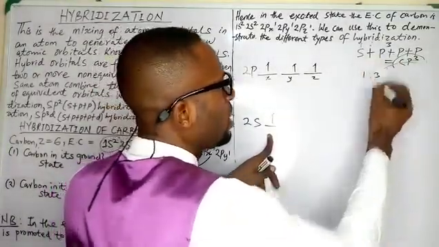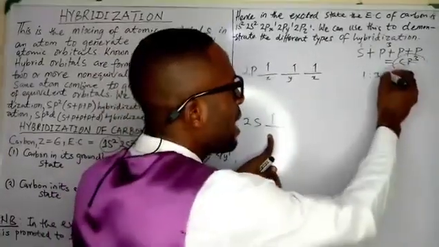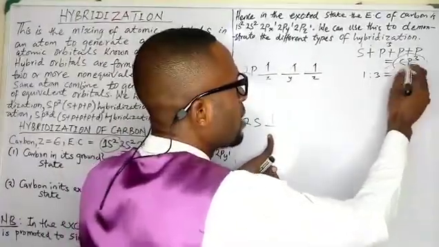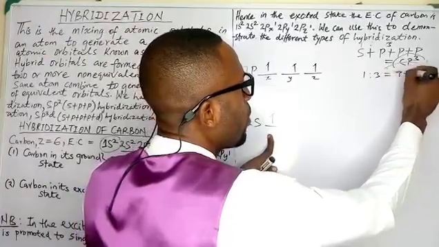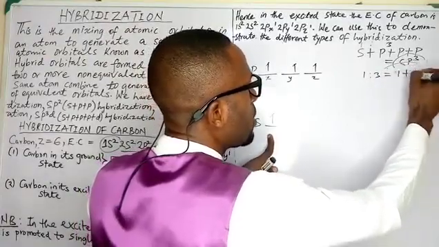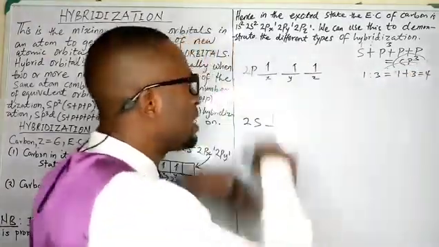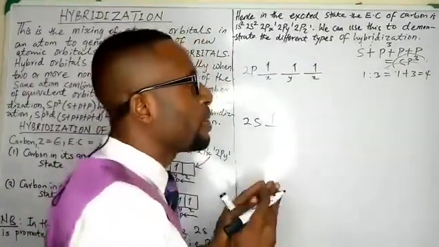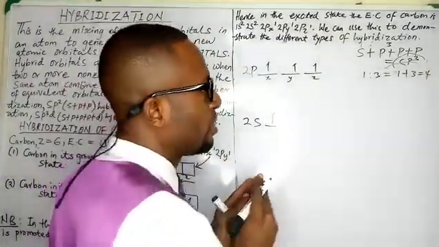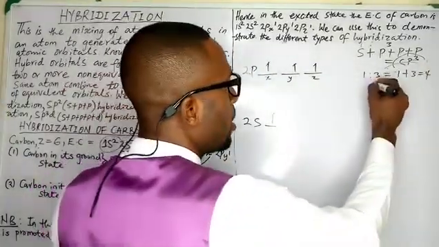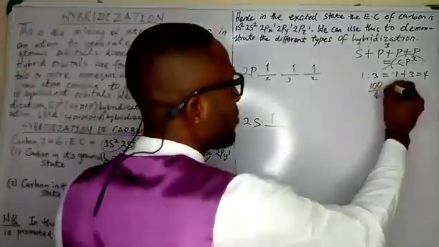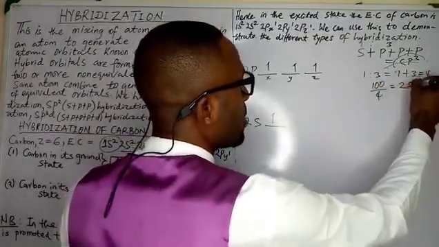So it's 1:3. All right? Essentially, everything is over 100%. So 1 plus 3 is equal to 4, everything is 100%. So in terms of the percentage of attributes of each of these, you say 100 divided by 4 will give us 25%.